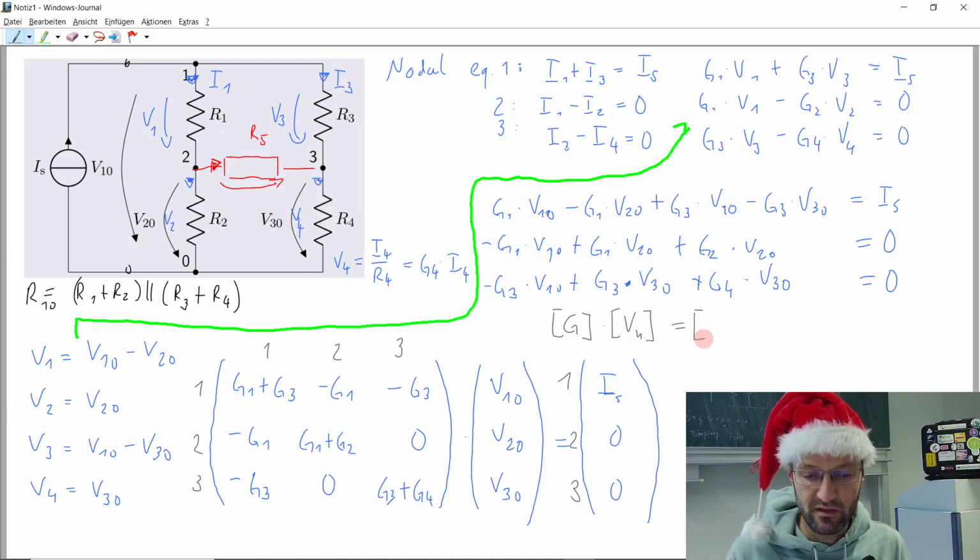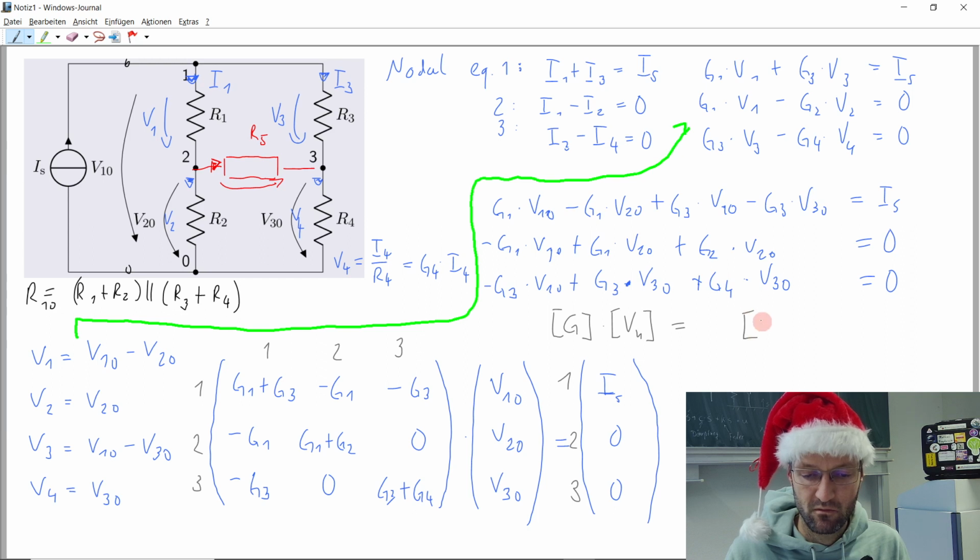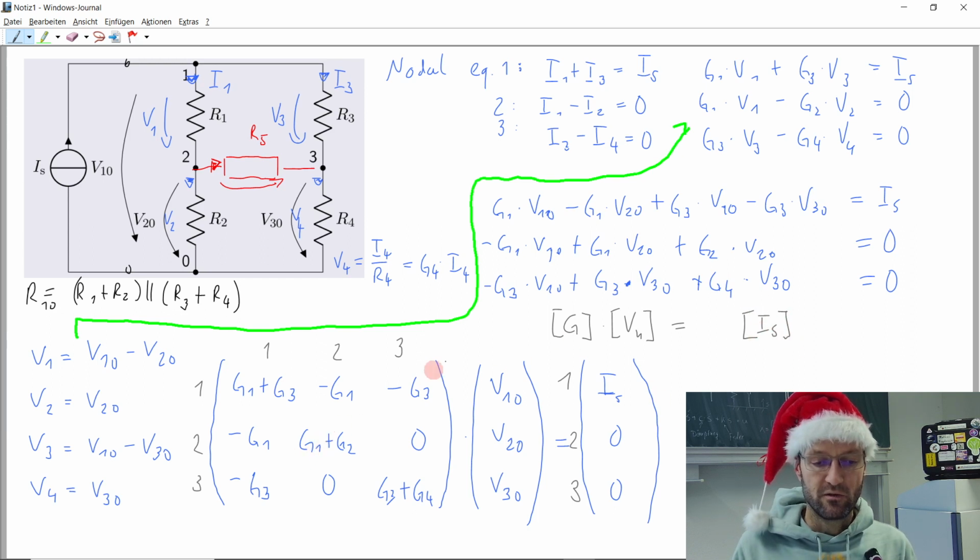And on the other side, we have this source vector. Right? This is the matrix, this is this vector, this is this vector. And so we know this vector, we know this matrix, the coefficients inside this matrix. We want to have this vector. This is the unknown one.